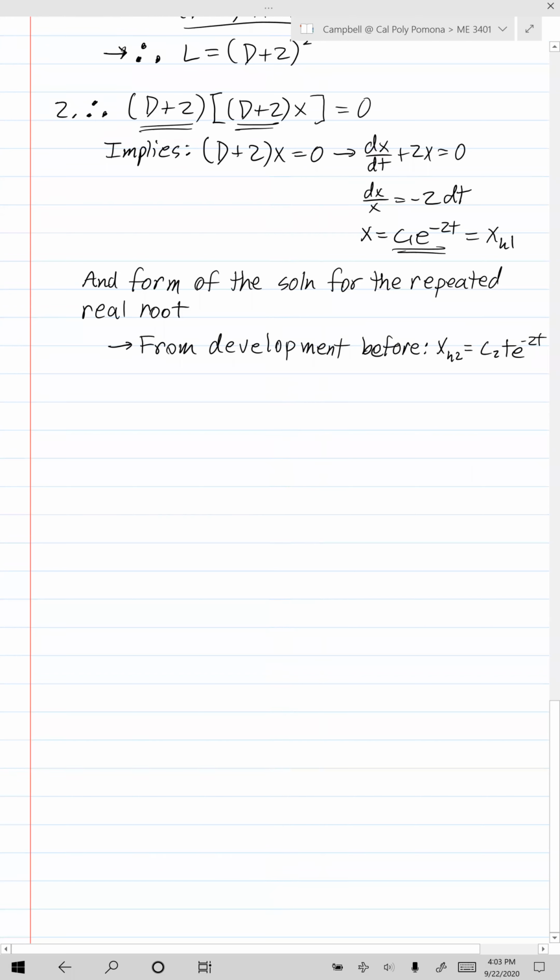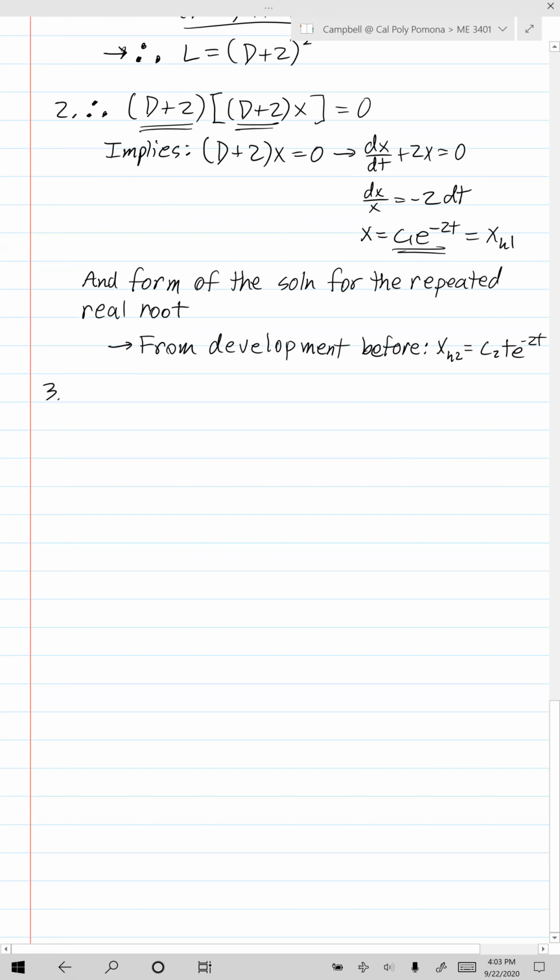But within this framework, I'll be honest, I can't see a simple way or even a complicated way of figuring that out. And so you can start to see where there are certain advantages and disadvantages with each of these frameworks. This framework has trouble with these repeated real roots for an LTI differential equation.